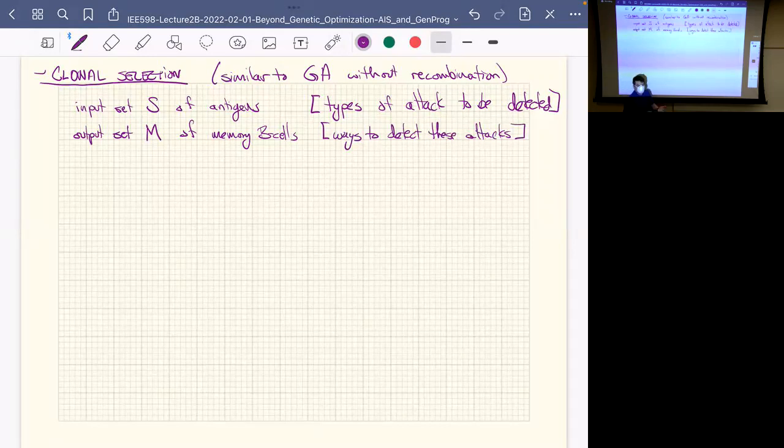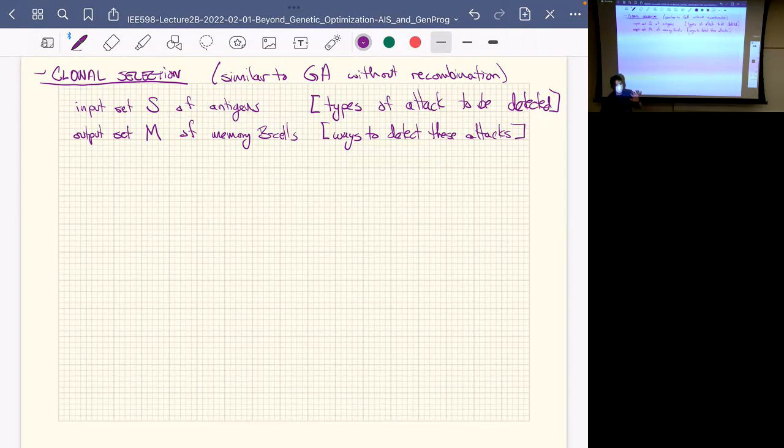So SQL injection attacks might be hard to detect because there's a bunch of SQL traffic that's going around the network anyway. So how do we detect these? We don't know exactly what the attack's going to be. We just know that they're going to co-opt our web infrastructure to then insert things in our database. So these might be SQL commands that we do not normally expect through our web traffic, but they're going to look pretty close to that. So we don't know exactly what these commands are, but we need some way to sort of detect them.